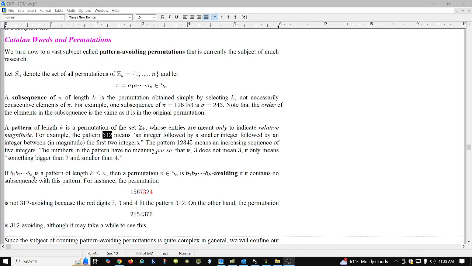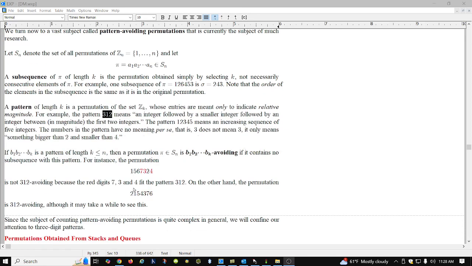If B1 through Bk is a pattern of length k, then a permutation pi in Sn is avoiding this pattern B1 through Bk if it contains no subsequence with this pattern. So the pattern doesn't have to appear in consecutive elements of the permutation. It can appear anywhere.